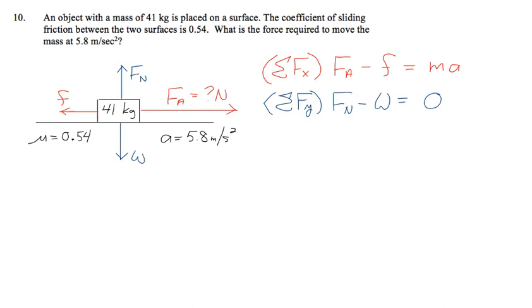So formulas like W equals mg and friction equals mu Fn, those are universal formulas. So these are always true. These two over here are called descriptive equations.